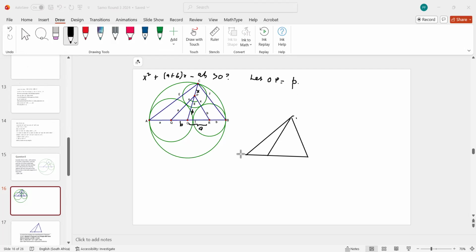And this result says the following. If you've got any triangle, and a cevian is a line which joins one vertex to a point on the other side, so you've got all these lines, there's a very nice equation that links up these five lengths.